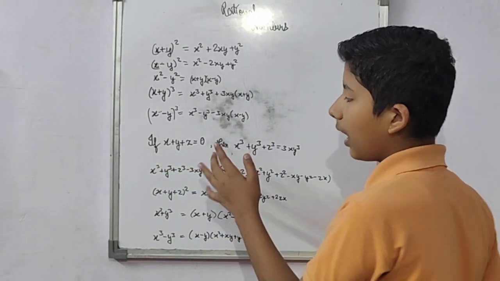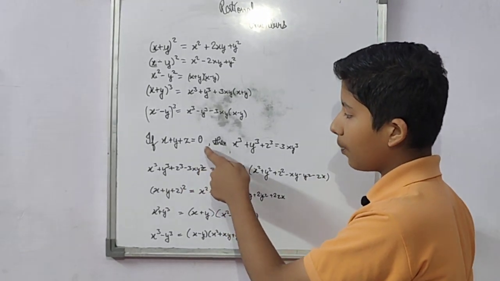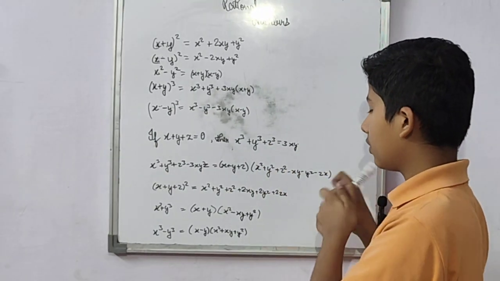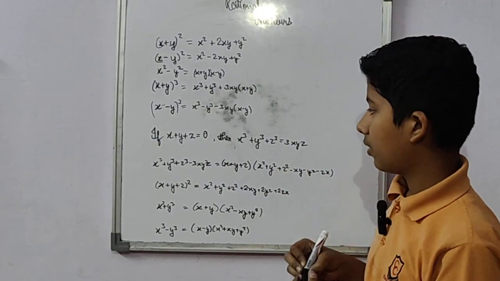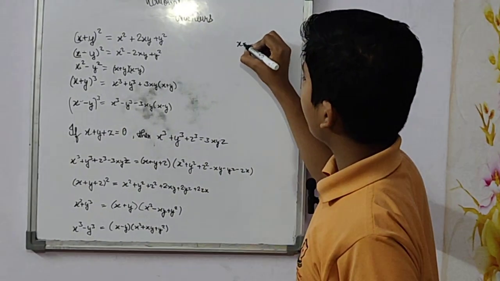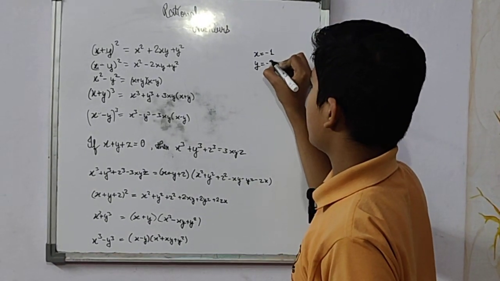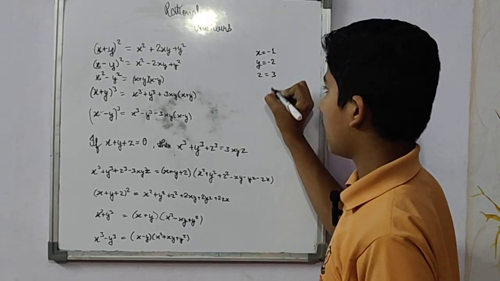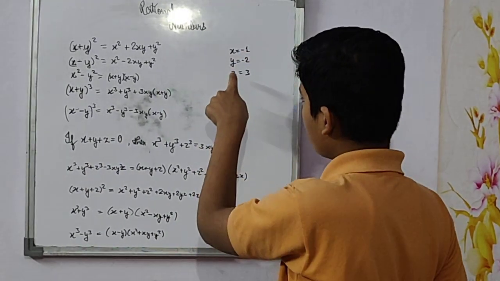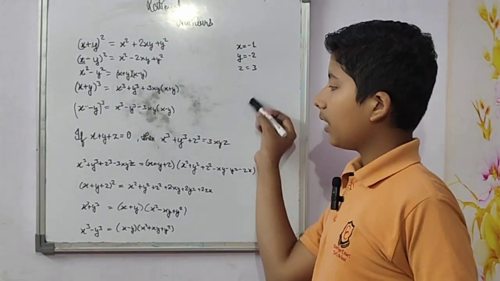Now this is an identity you have to learn very carefully. If x plus y plus z equals 0, then x cube plus y cube plus z cube equals 3xyz. Let's take an example: x equal to minus 1, y equal to minus 2, z equal to 3. So x plus y plus z means minus 1 plus minus 2 plus 3, it will be 3 minus 3, which is 0.